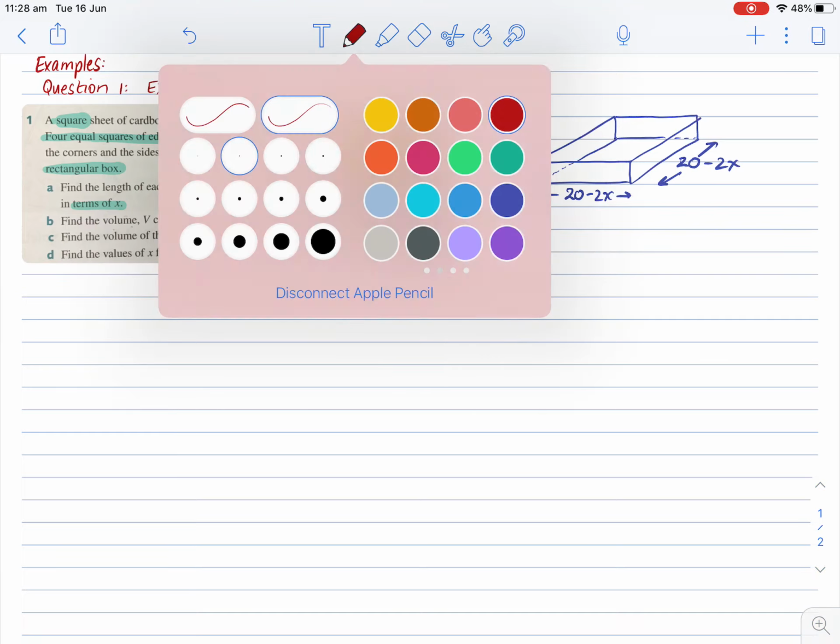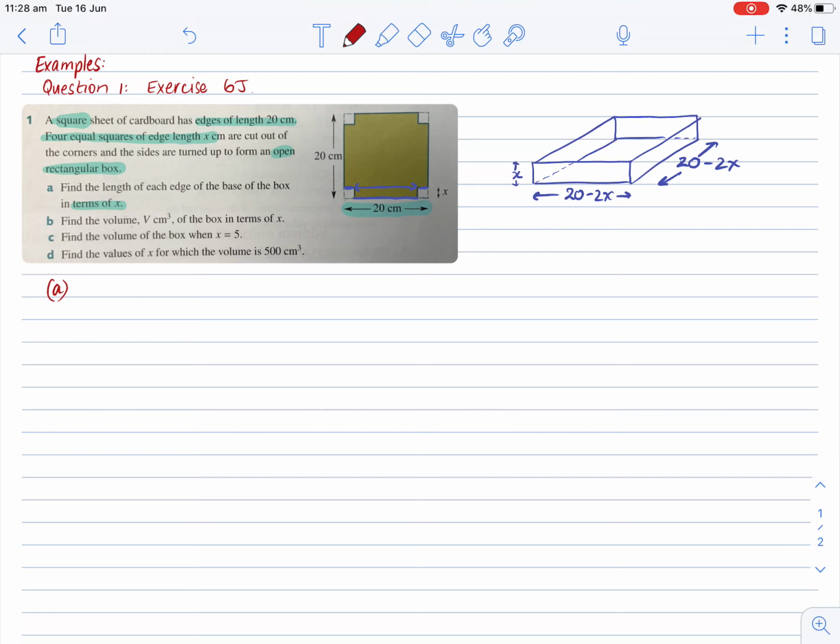So my answer to A is that the height is equal to x. And the length is equal to the width because it's a square, and that is equal to 20 minus 2x. Okay, so I have the length of each edge of the box in terms of x.